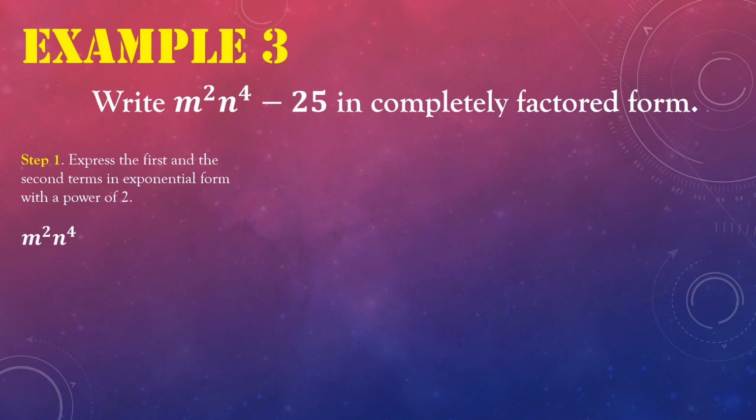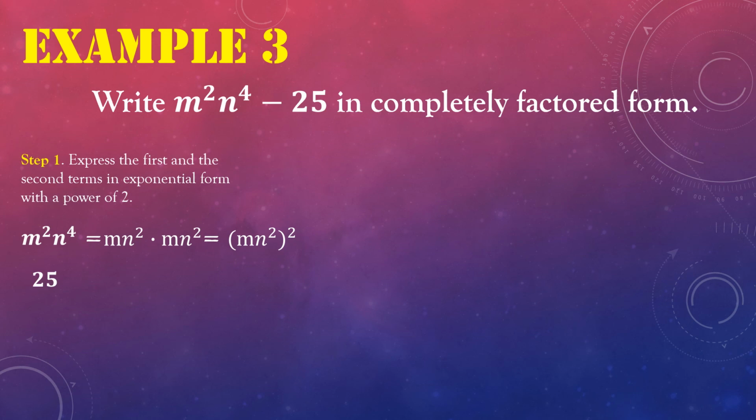The first term, m squared n raised to 4, can be expressed as m n squared times m n squared, which can be written as the quantity of m n squared raised to 2.